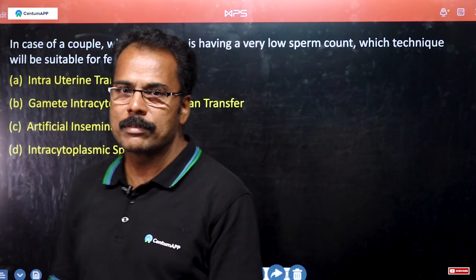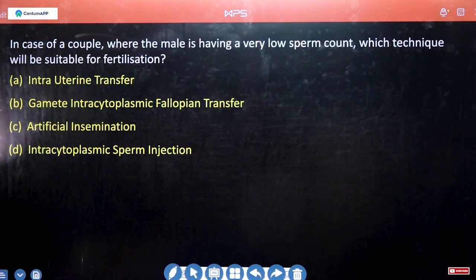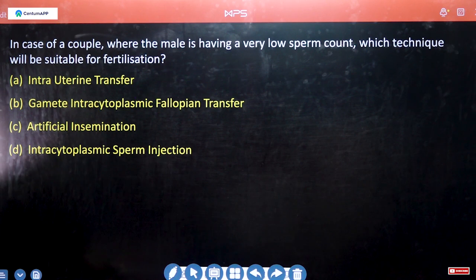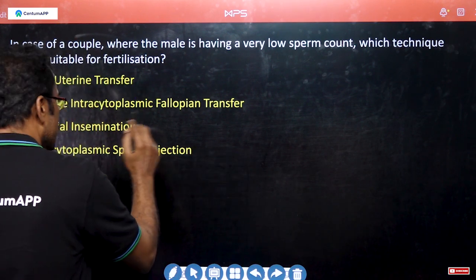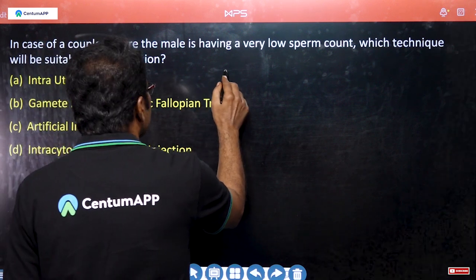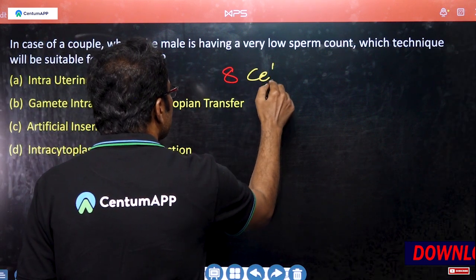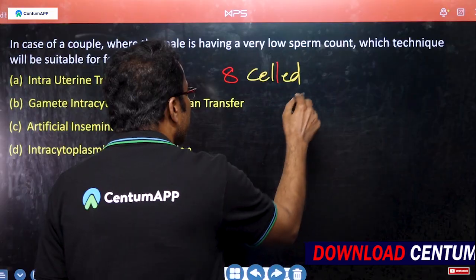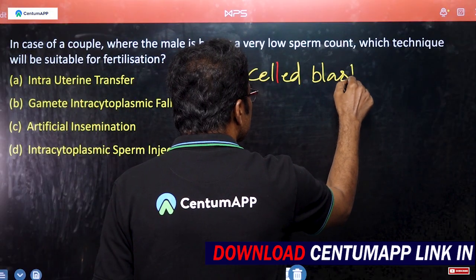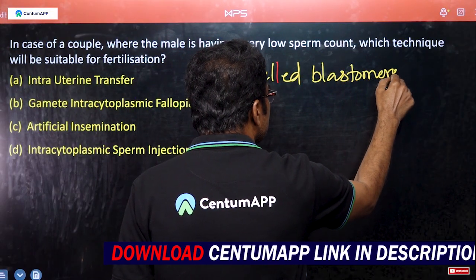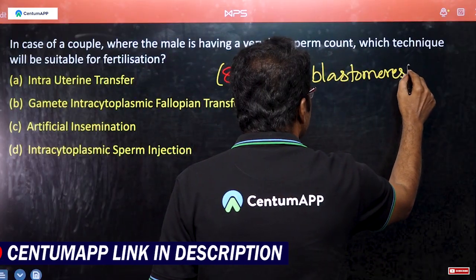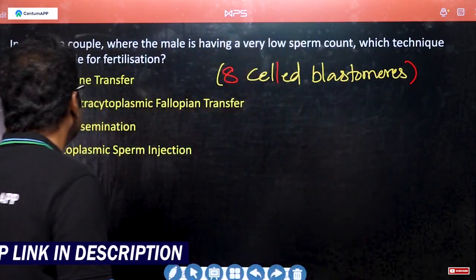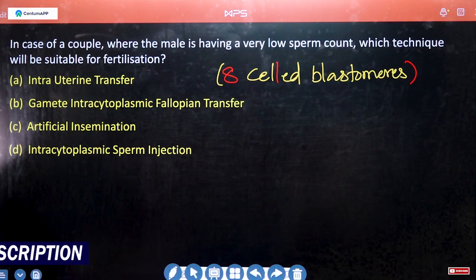The first option, intrauterine transfer. In this method, the 8-celled blastomeres will be transferred into the uterus.